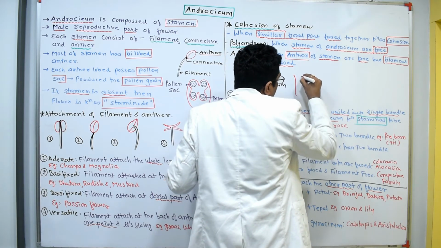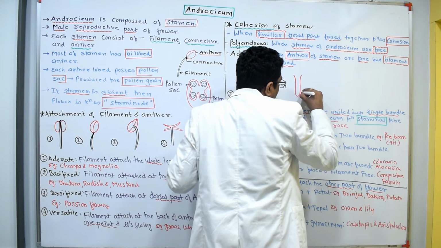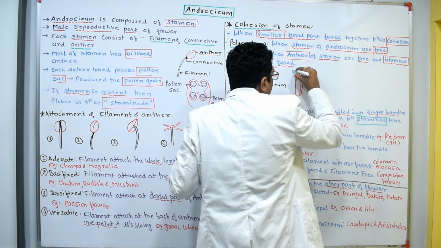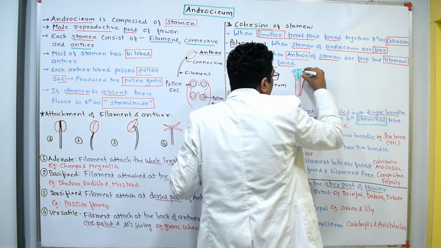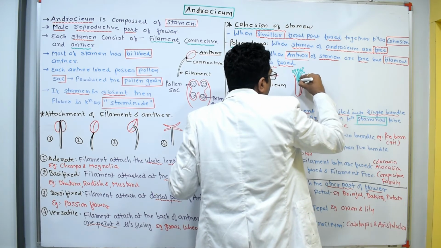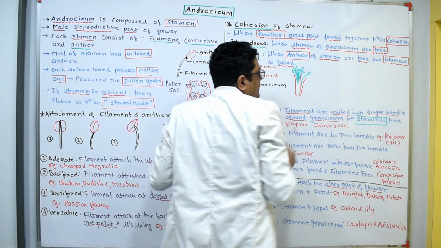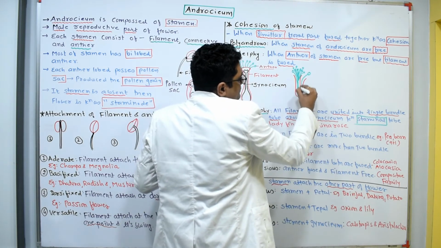Look at here, the anthers are free and the filaments are fused, and there are two bundles, 1 and 2. It is found in the pea, 9 plus 1. देखो 1 2 3 4 5 6 7 8 9 and this is 1. This is the second number, diadelphi.